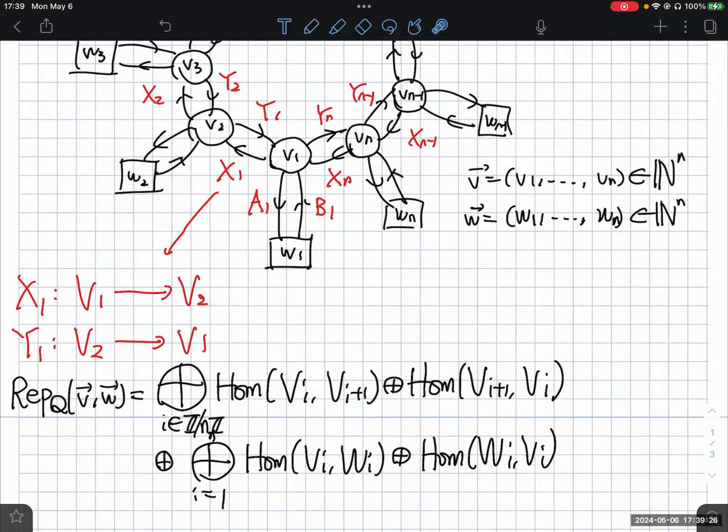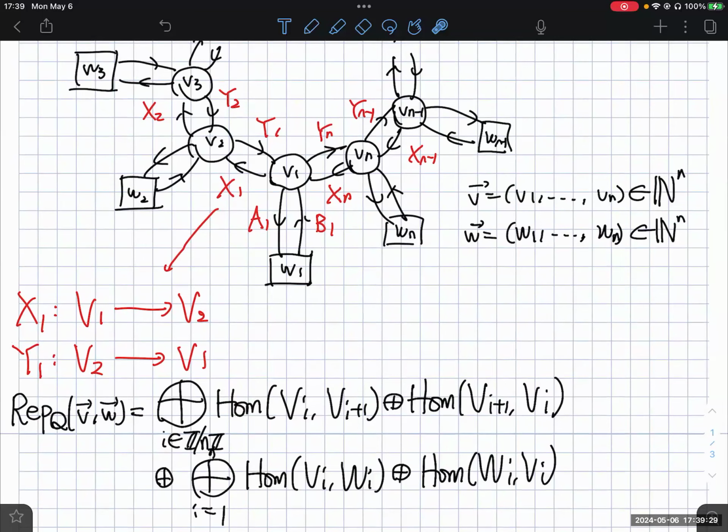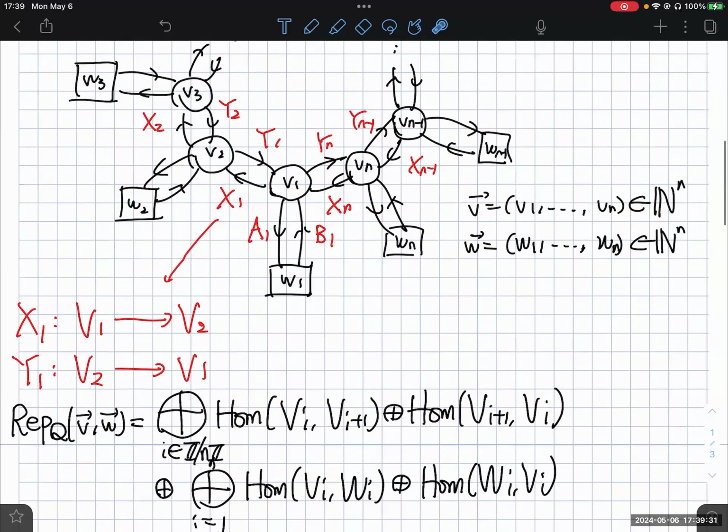The morphism from Vi to Vi+1 we write as Xi, and the morphism from Vi+1 to Vi we write as Yi.